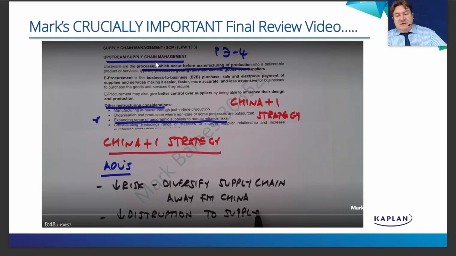So look, here you can see I'm going back to my set of notes here, and what I'm thinking about is upstream supply chain management. This, I think, is going to be important for this actual exam, and especially this part here, expanding the range of geographic suppliers to reduce reliance risks. What's this about?